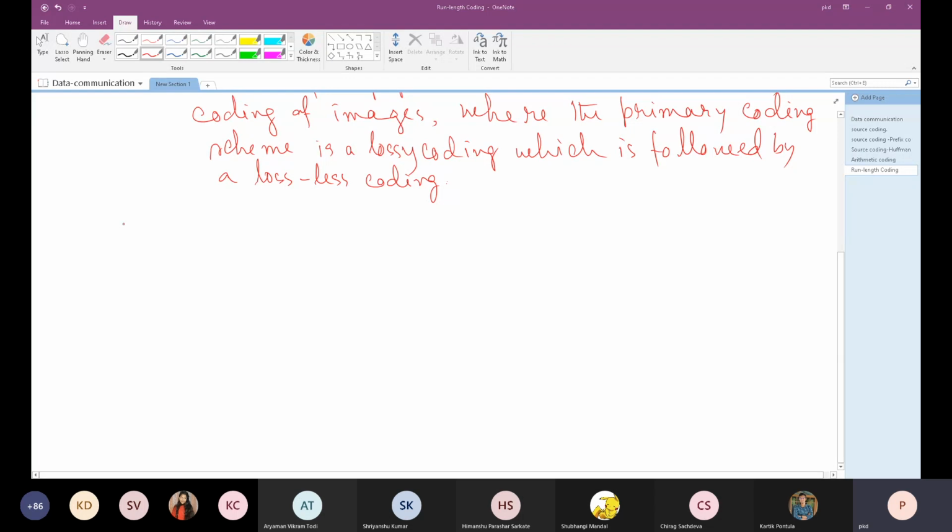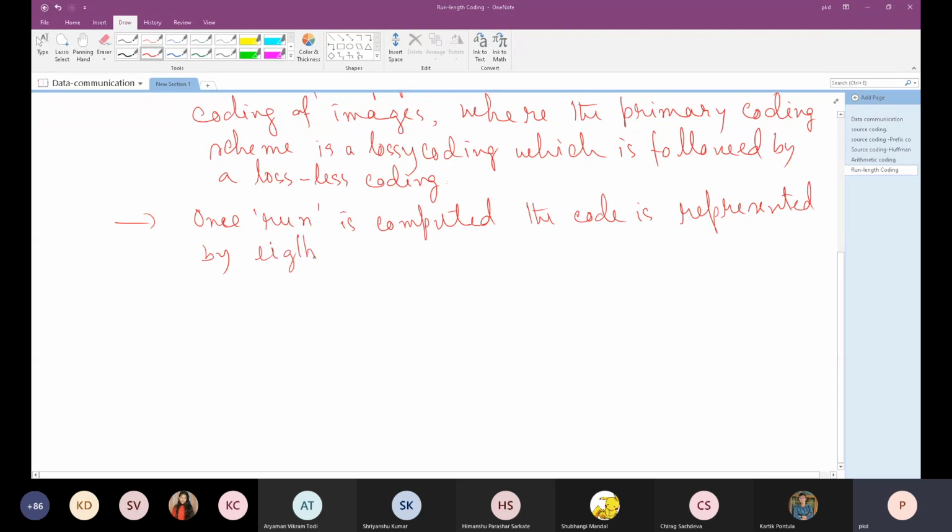Once the run is computed, the code is represented by either the symbol A, comma, the length: A0, L0, A1, L1, and so on.